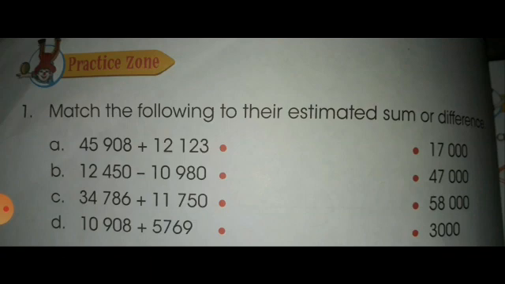Question number 1 is match the following to their estimated sum or difference. First, we will add or subtract the numbers and then we will match to the nearest given numbers in column B. I will solve part A for you, then try by yourself for the rest of the questions.